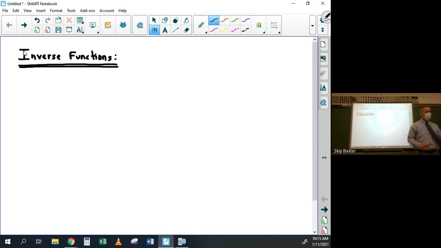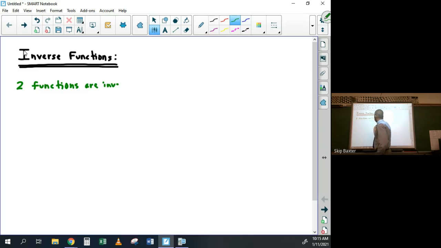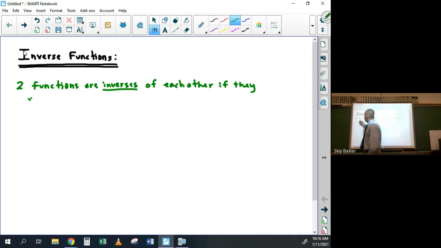Inverse functions. Okay, so two functions are inverses of each other if they undo each other.